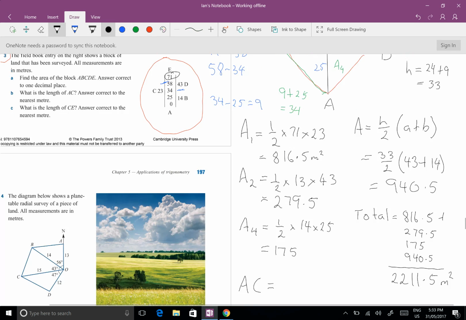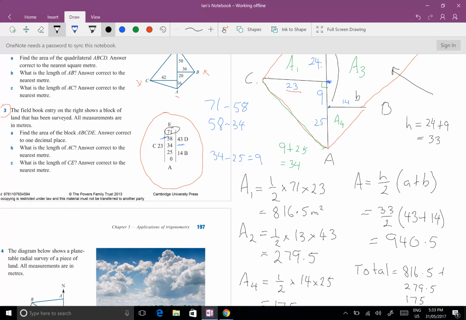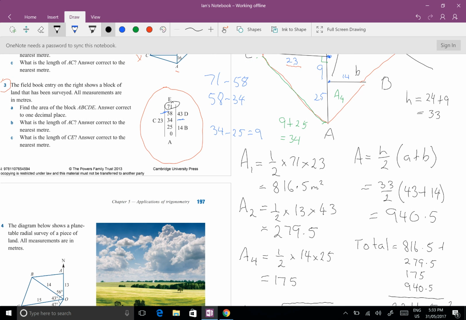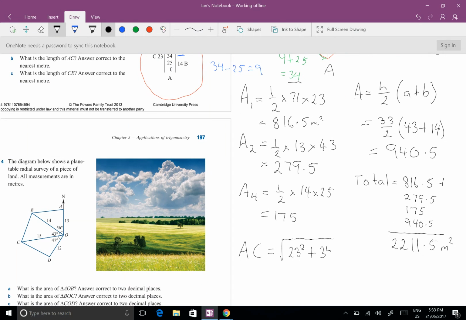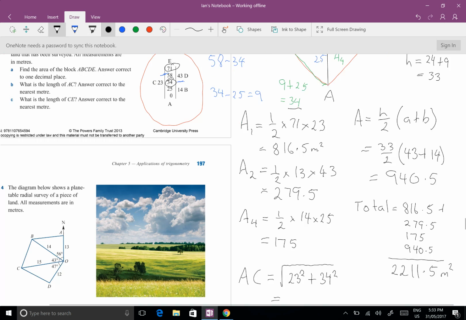So I go down here now and I say, all right, well, AC equals the square root. Okay, what were the distances again? 23 squared, because we're using Pythagoras, plus 34, which we just worked out, 34 squared. Now, I didn't really need to work that out because look, it's over here. There it is, 34.